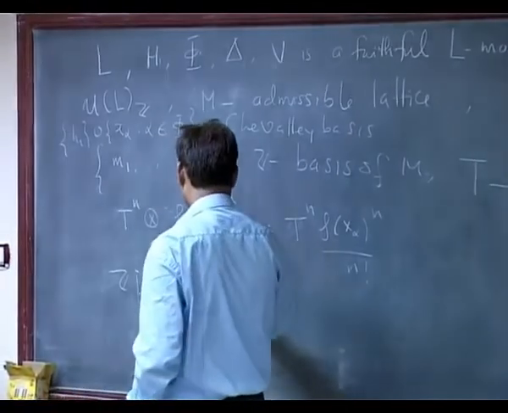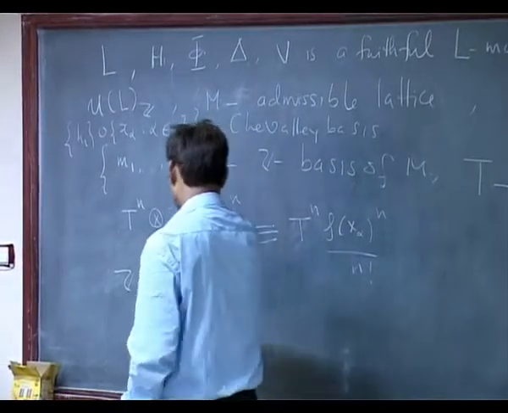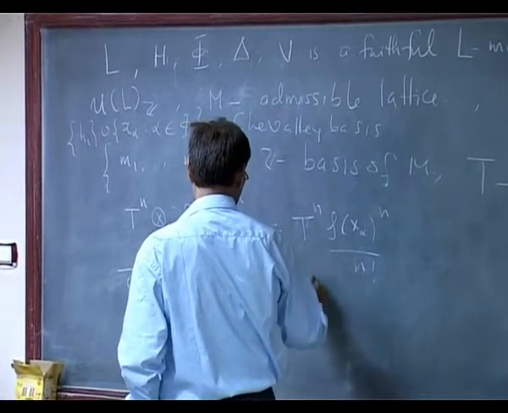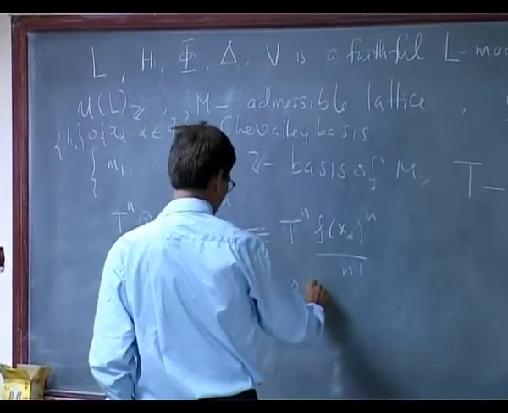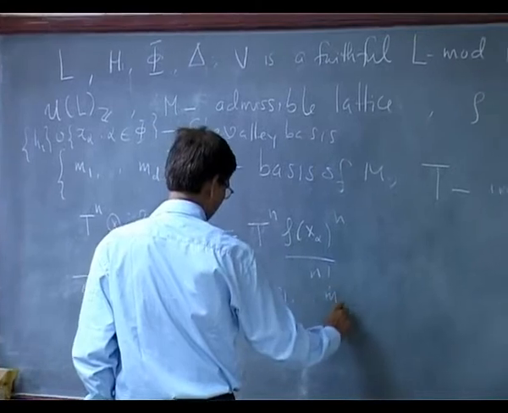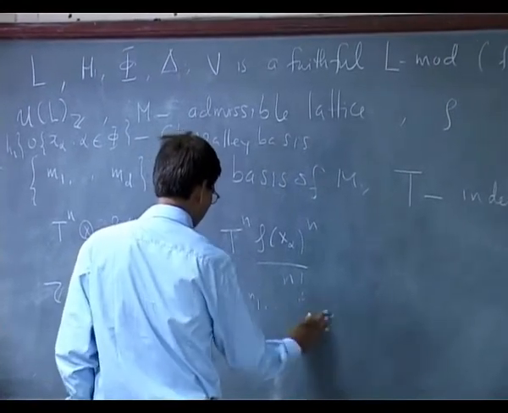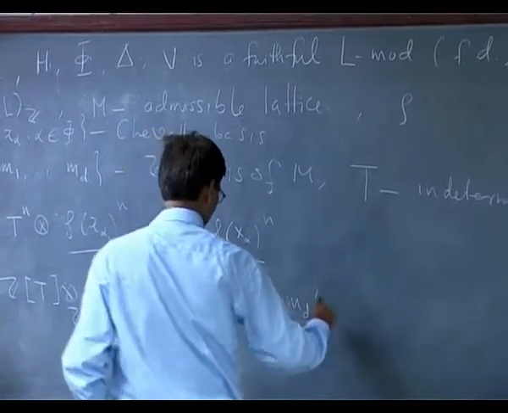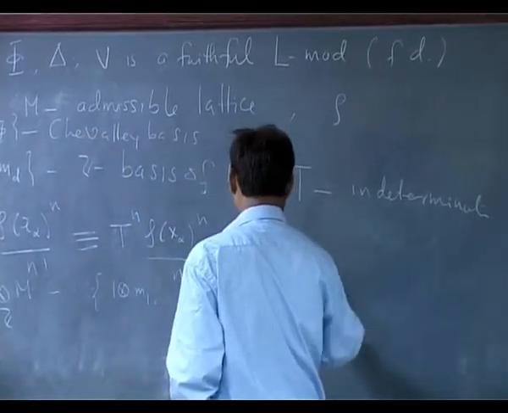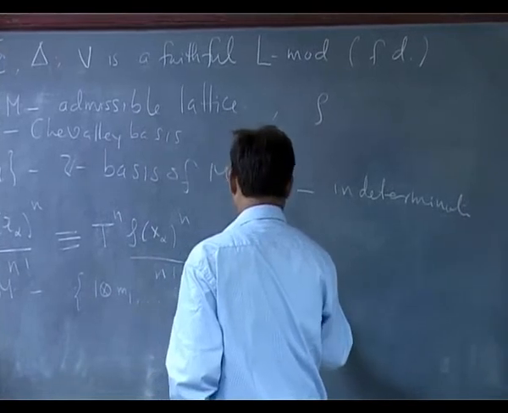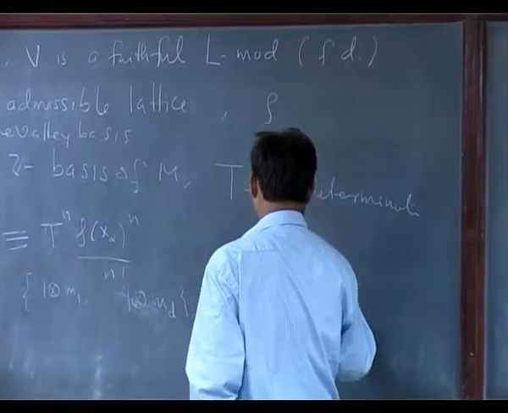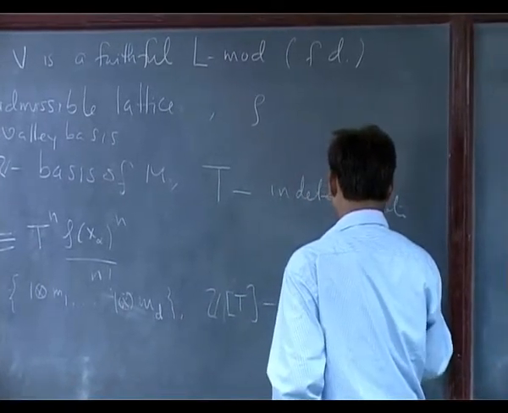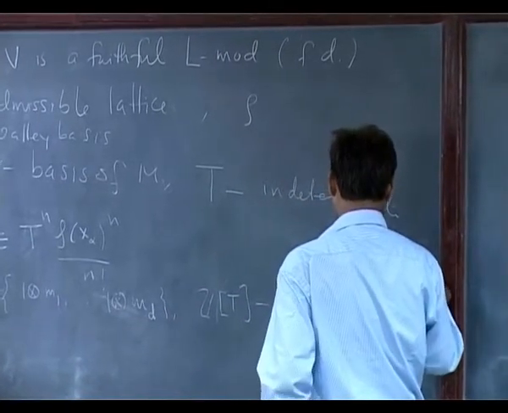So, this is a Z[T] module, and it has a basis one tensor m1 etc. and one tensor md, right. So, this is a Z[T] basis of this module Z[T] tensor M, right.